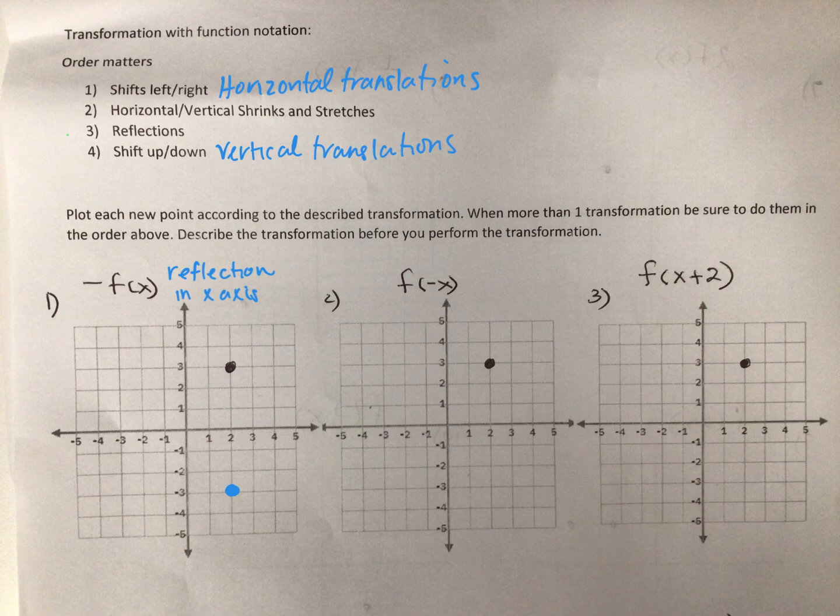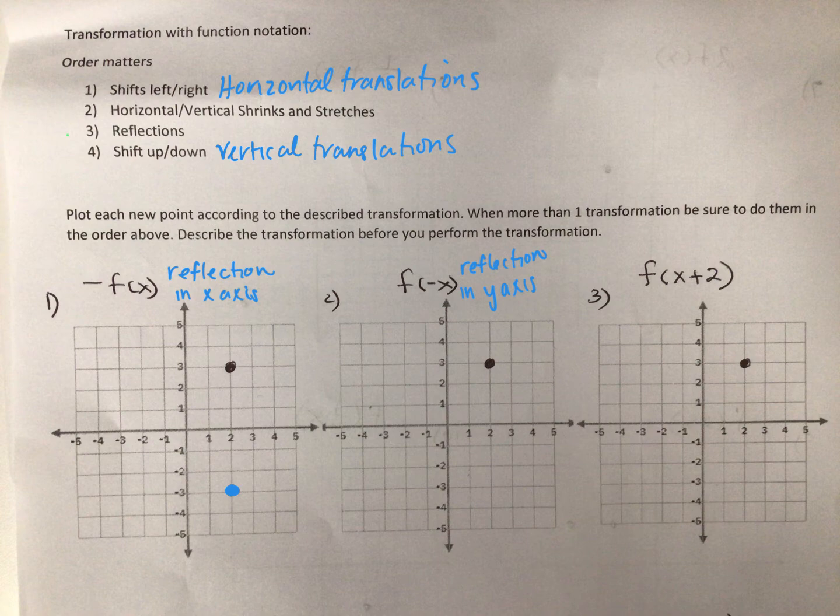When the negative is on the inside, how does it reflect it? Right, reflection in the y-axis, which means it's going to flip over the y-axis like this. So where's the new point? -2, positive 3.